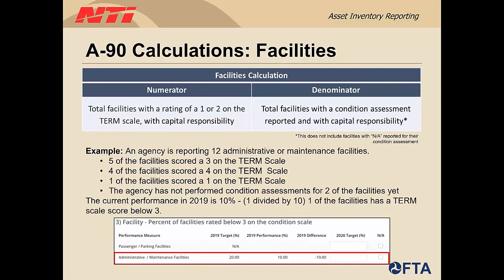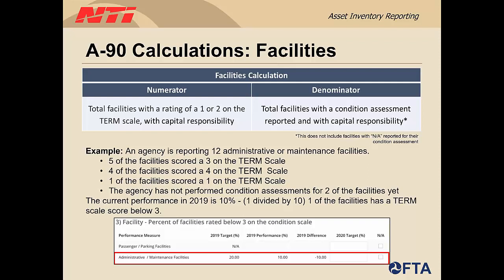For the facility section, you will report 2 targets if applicable: one for passenger and parking facilities, and one for administrative and maintenance facilities. This section of the A90 form corresponds to your agency's A15 Transit Asset Management Facilities Inventory form.